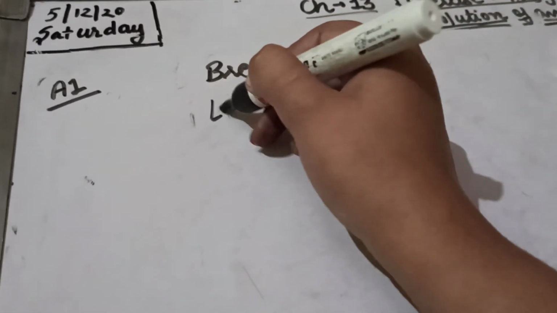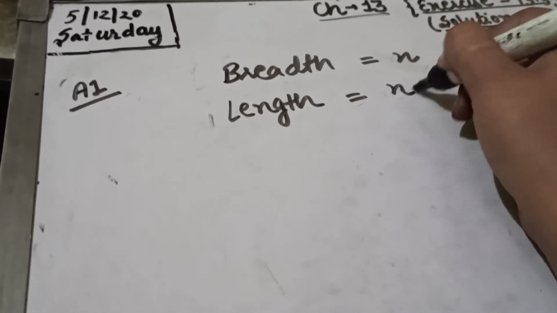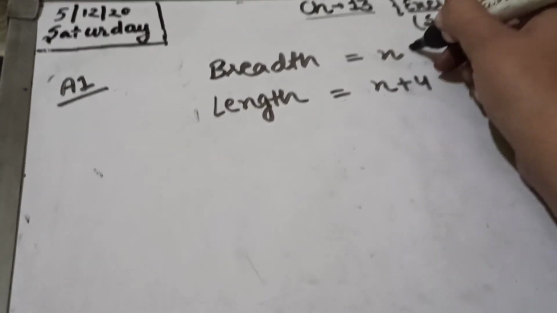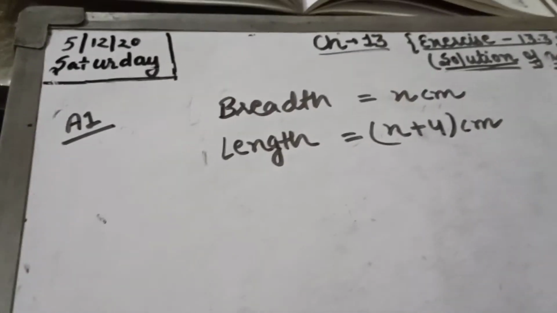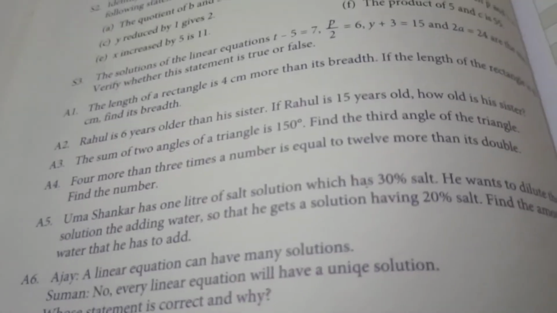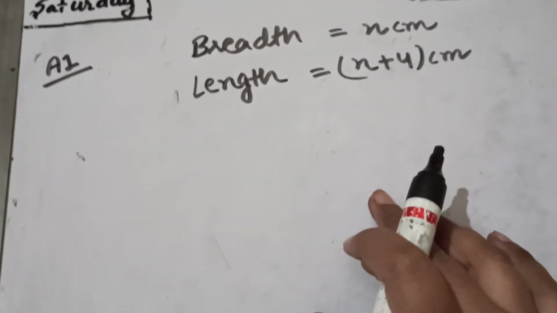And length is x plus 4. This is x centimeter and this is x plus 4 centimeter according to the first line. The length of the rectangle is 4 centimeter more than its breadth. So length is x plus 4 and breadth is x centimeter.